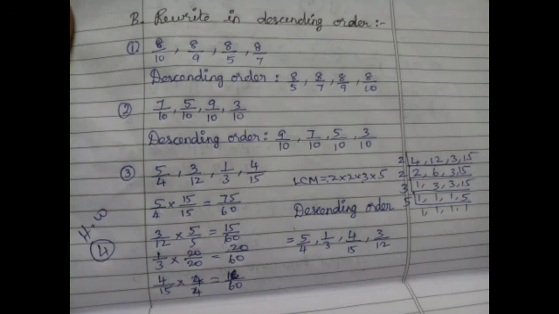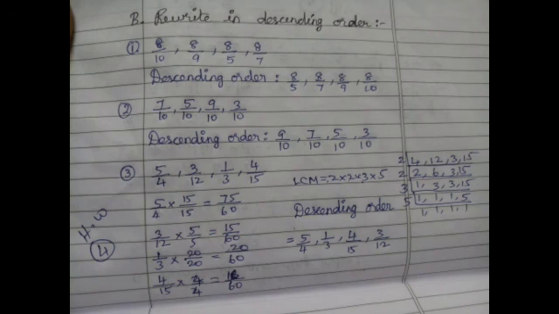So 5 by 4 equal to 75 by 60. Next, second number 3 by 12. You can multiply by 5 by 5. It is 15 by 60. Next, 1 by 3 multiply by 20 by 20. That is 20 by 60. Next, fourth number 4 by 15 multiply by 4 by 4 equal to 16 by 60.